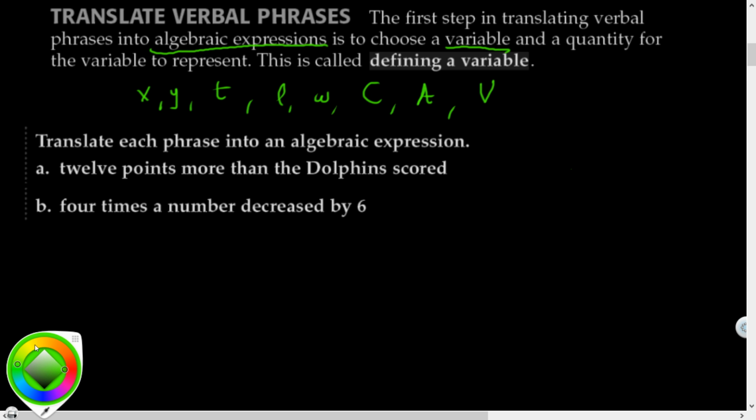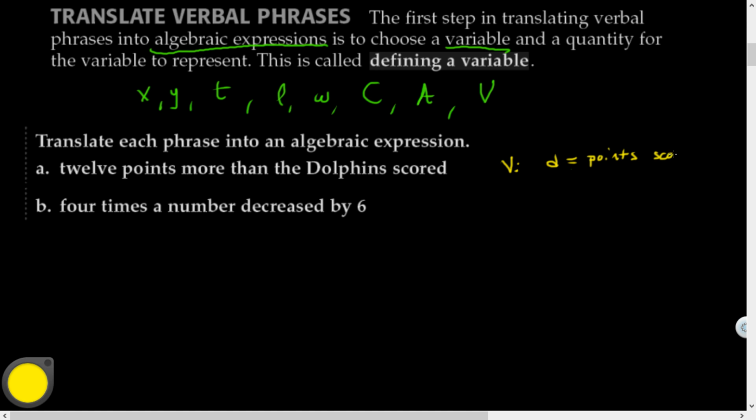So let's see, 12 points more than the Dolphins scored. So what is my variable? What should my variable be? I don't know how much the Dolphins scored. So we can come up with a letter for that. Let's let D equal points scored by Dolphins.